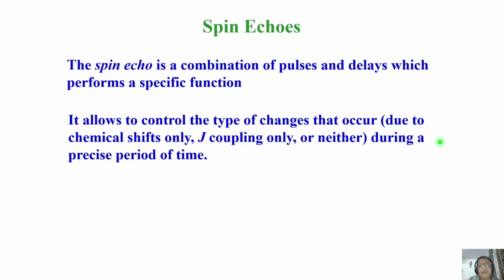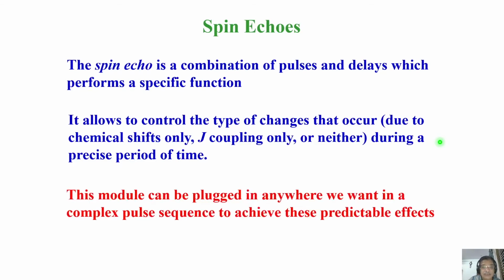This module is so simple and small that you can put it anywhere in a complex pulse sequence, so that you can manipulate the evolution of magnetization and obtain whatever predictable information you want.